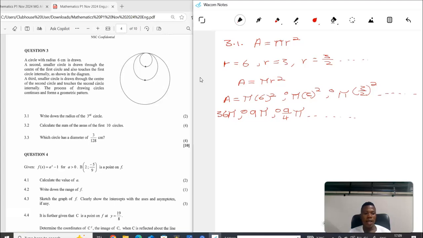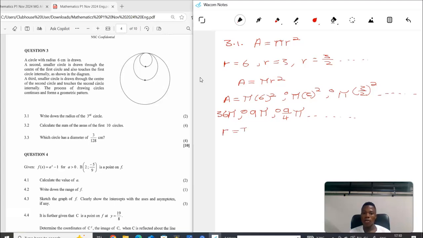They said calculate the sum of the areas of the first 10 circles. You've got your geometric pattern, therefore you're going to find your r.